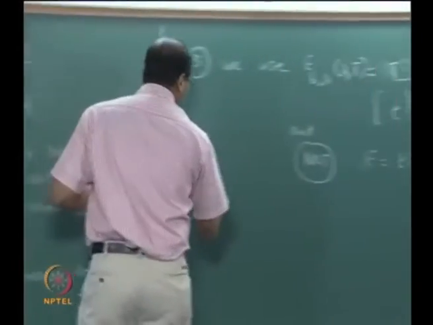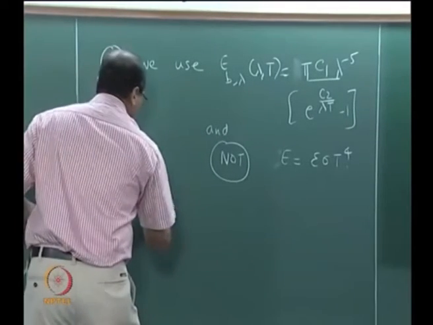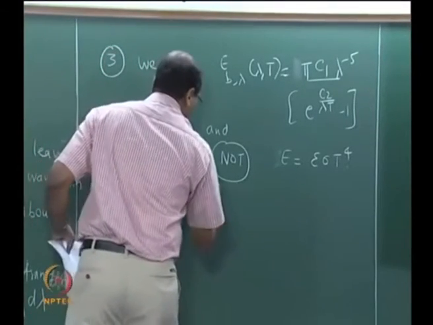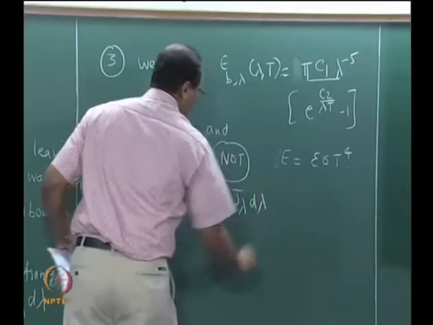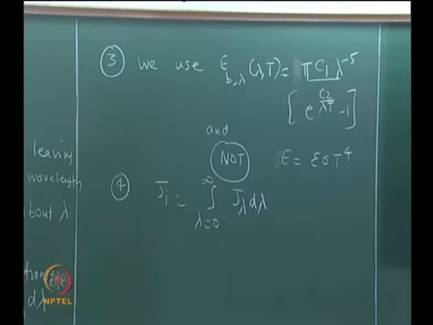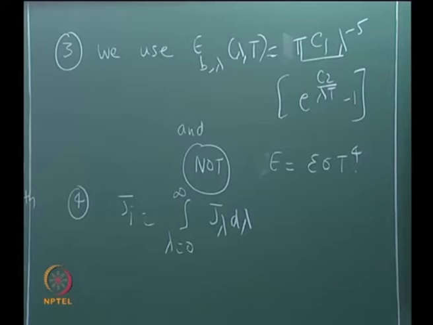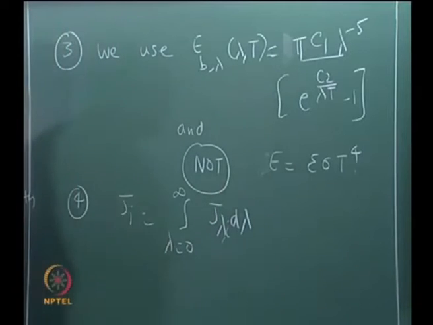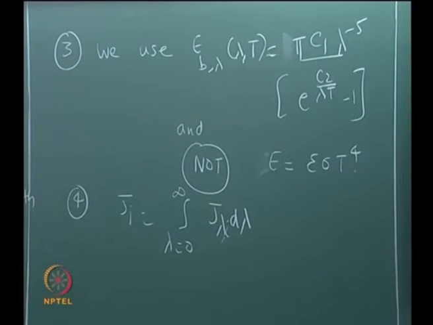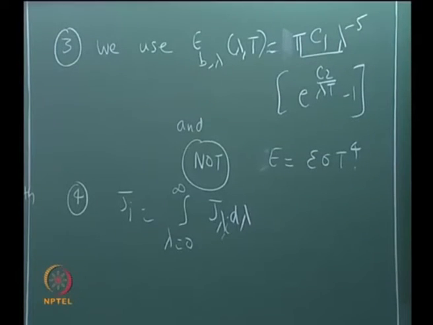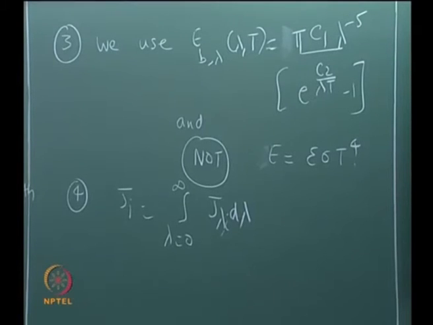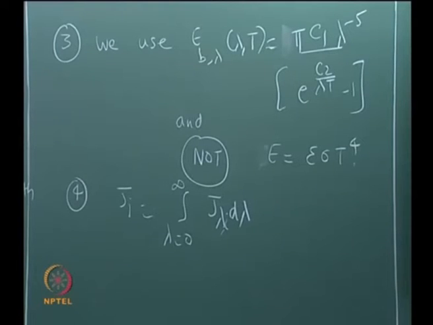And now J_i, please watch this. So the J_i will be the integral from lambda equal to 0 to infinity of J lambda d lambda. I want to put it as J lambda i. If you do not like that, you can use J i lambda, it does not matter. Lambda and i must come, lambda is spectral and i is the ith surface. We just want to leave it as J lambda because we are talking about radiation heat transfer in an n surface enclosure.